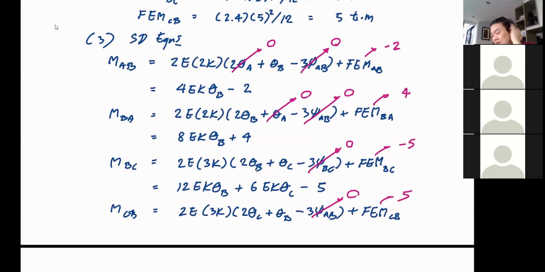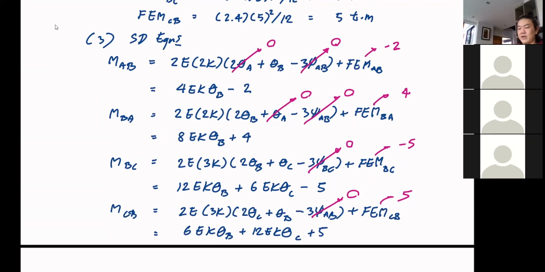So now, in order to keep things nice and tidy, I'm going to write B first. So that becomes 6EK theta B plus 12EK theta C plus 5.